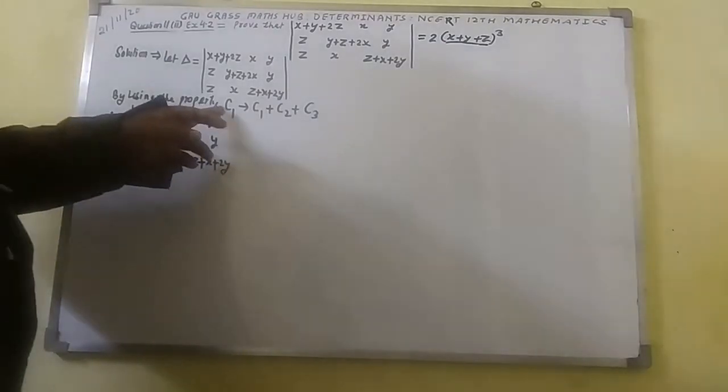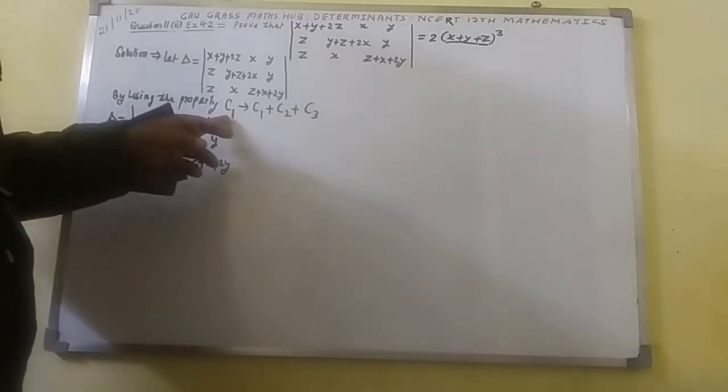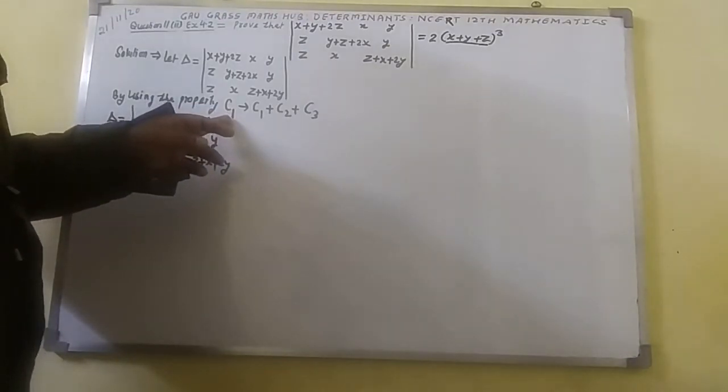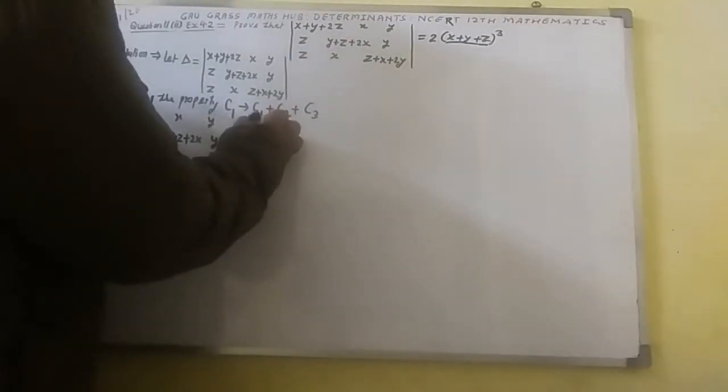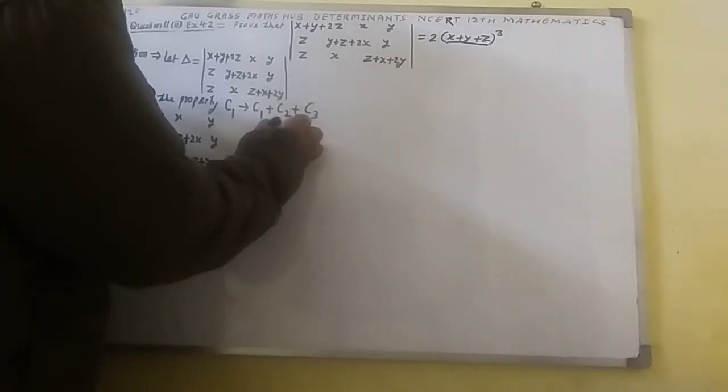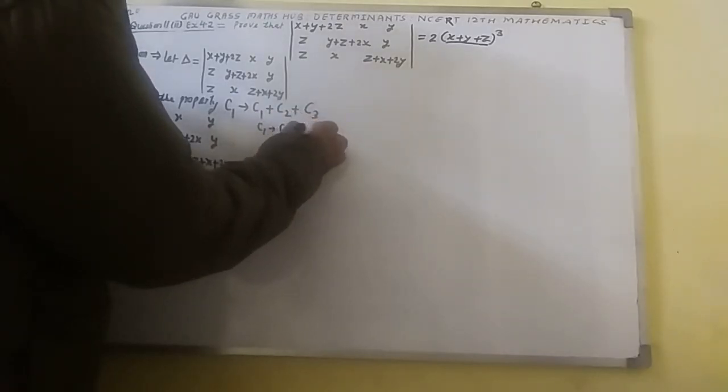Here it is written C1 goes to, which means that changes will occur in the first column only. Let us see what changes will occur in the first column. C1 goes to C1 plus C2 plus C3.